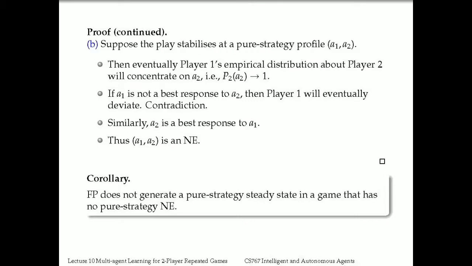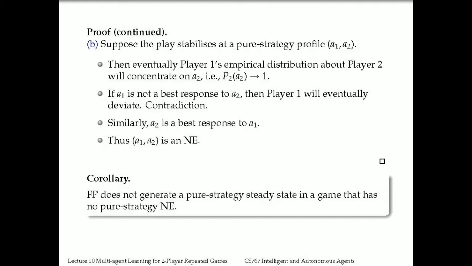So suppose the play stabilizes at a pure strategy profile A1, A2. Then the players will play A1, A2, A1, A2, A1, A2 infinitely many times. So eventually player 1's empirical distribution about P2 will concentrate on A2, which is the accurate belief.